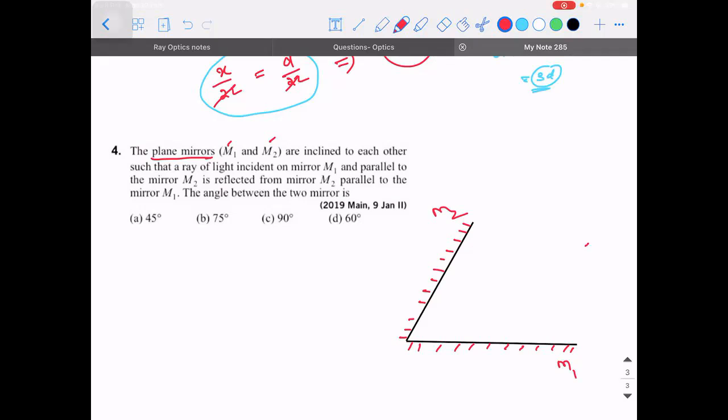I'll draw a better diagram, and I suggest you also try it in parallel. There is a ray incident on M1, parallel to M2. Since it has hit a mirror, it will undergo a reflection. Once it hits mirror M2, this reflected ray will be parallel to M1.